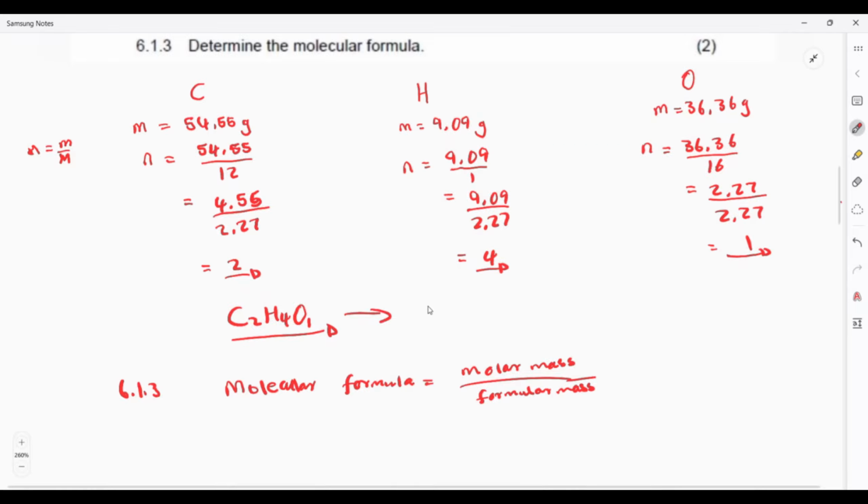This is your formula mass. The one that you got from the empirical formula is your formula mass.